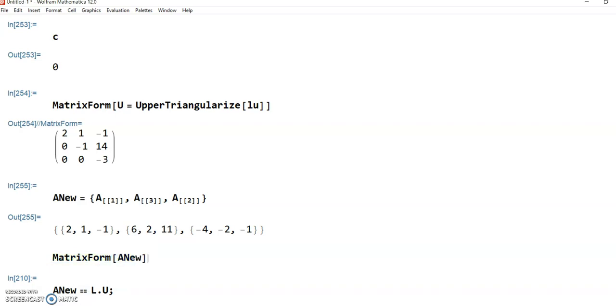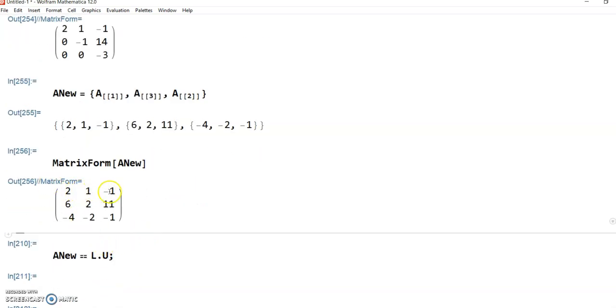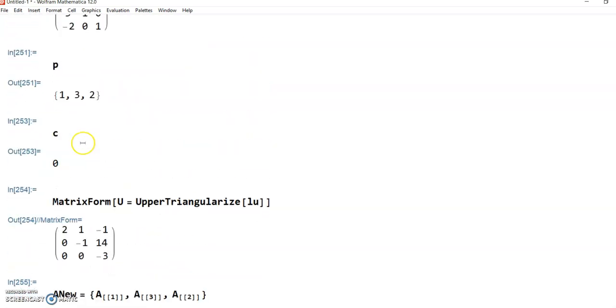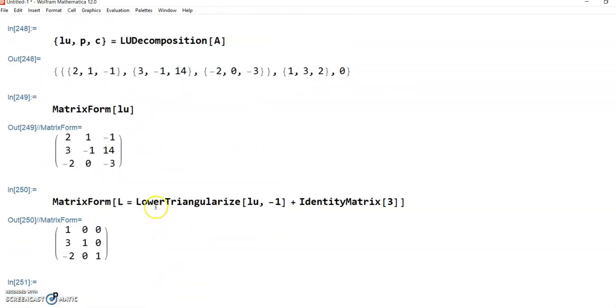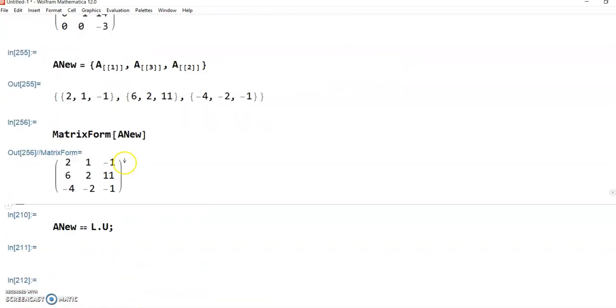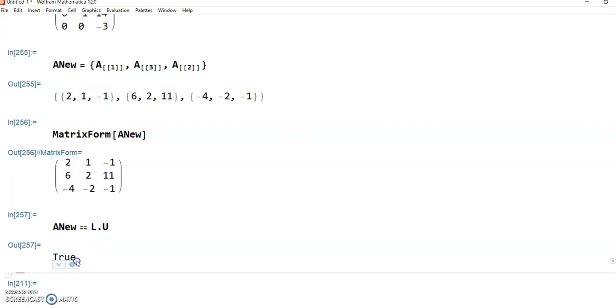This matrix form A new will be this: 2, 1, minus 1, 6, 2, 1. Originally this row was the third row. So our answer, which we have found from the LU, will correspond to this new matrix. We can verify this, and then it will show that it is true.